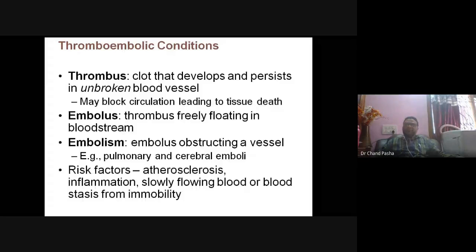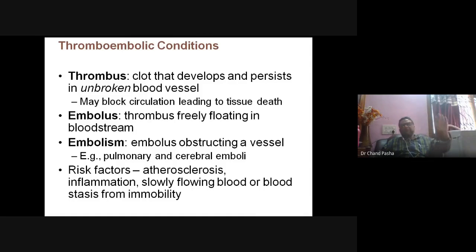If this thrombus is freely floating and moving in the blood vessel, it is called an embolus. And there is one more word, embolism. If the floating embolus obstructs a vessel, as in pulmonary or cerebral emboli, so that the blood flow will not take place subsequently, this is called embolism.